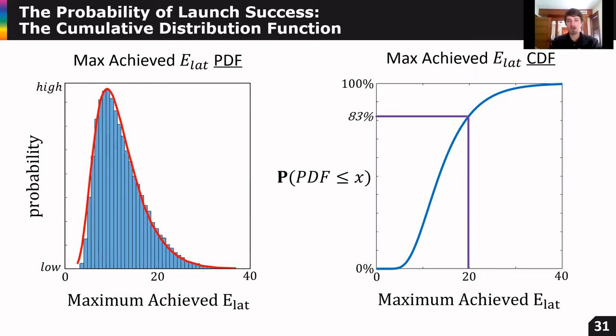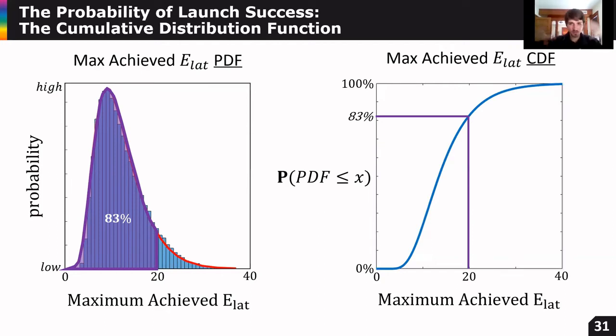Say, for example, 20 was the escape energy of the sail. If you look at the value of the CDF here, 83% of sails have an energy equal to or less than 20 joules. Shown on the PDF, you can integrate from minus infinity to 20 to see the volume of the PDF, and that makes up 83% of the simulations.